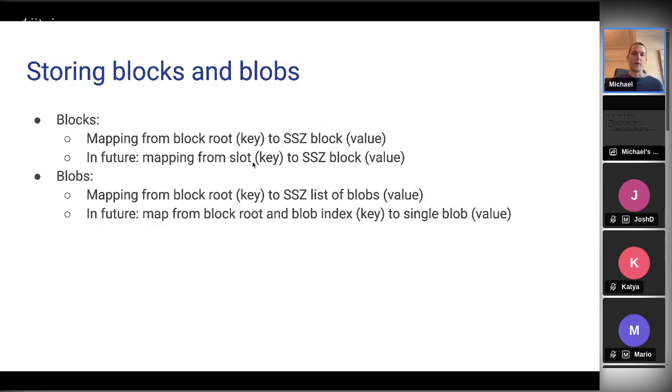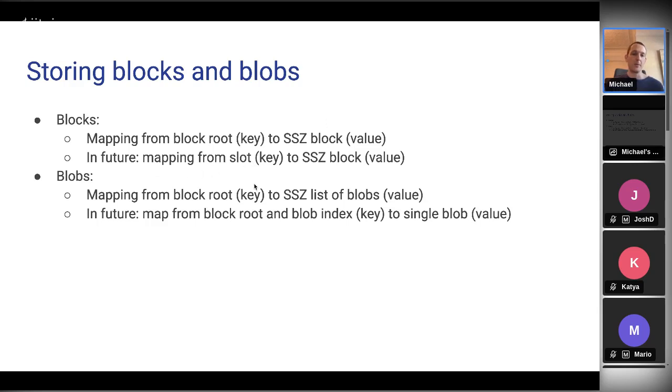So if you want to load all of the blocks between slot 0 and slot 1000, you can just go to the database, they're all sitting there next to each other, and you can load them all up really quickly, with no fragmentation. Whereas at the moment, if you want to load 0 to 1000, you have to say, okay, 0 has this block root, and 1 has this block root, and you're jumping around everywhere. There are a lot of non-local accesses.